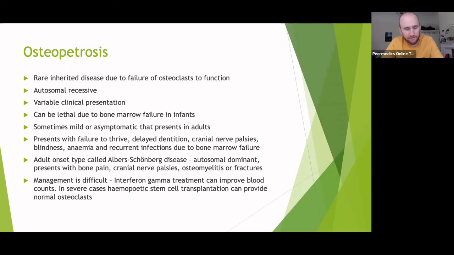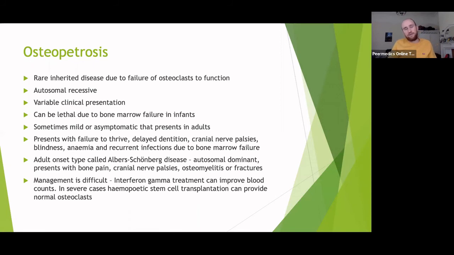Osteopetrosis, not to be confused with osteoporosis, is a rare inherited disease. So failure of osteoclast to function. So you can already start to think about what that might cause. But it does vary in sort of how it presents. So you present with failure to thrive, delayed dentition, cranial nerve palsies, blindness, anemia.